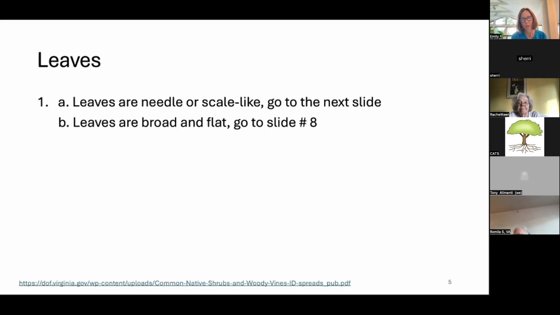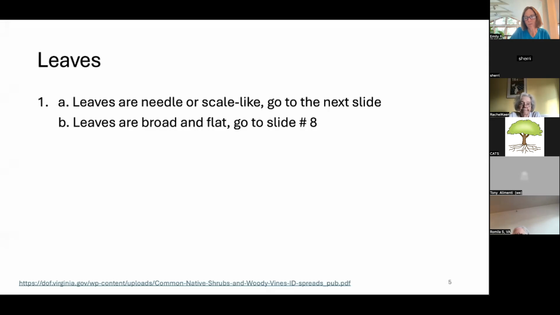And this is the very beginning of the dichotomous key for the common native shrubs and woody vines of Virginia. It gives us two options. One is the leg, and in the leg it gives us two options. The first one is leaves are needle or scale-like, and then we're going to go to the next slide, or leaves are broad and flat, and then we'll go to slide 8.